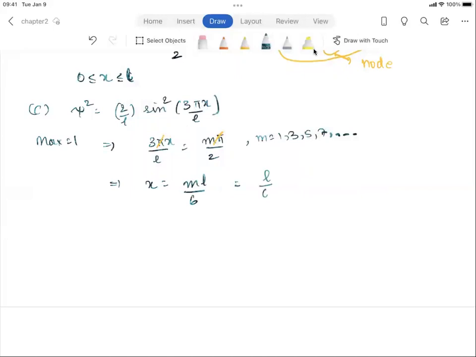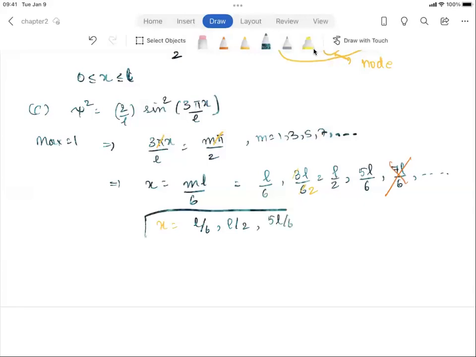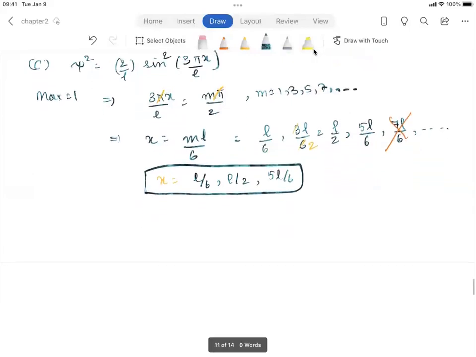It can be L over 6, 3L over 6, which is equal to L over 2, 5L over 6, 7L over 6, and so on. And everything from 7L over 6 is invalid because it extends beyond the length of the box, right? And this one is nothing but L over 2. So the valid values of x are going to be L over 6, L over 2, and 5L over 6. So at these values of x, you're going to find the maximum probability of finding a particle.